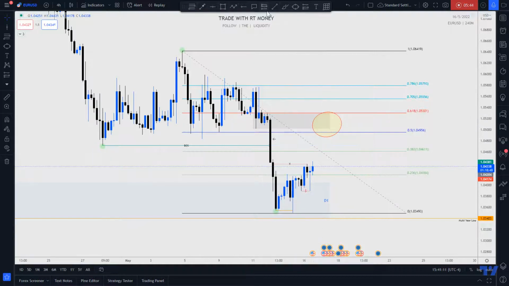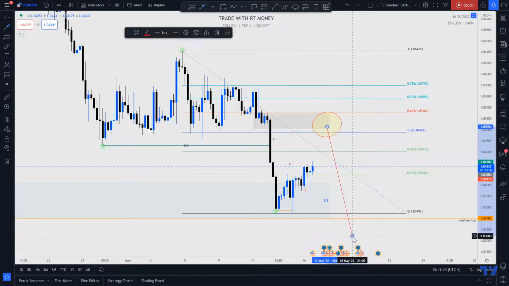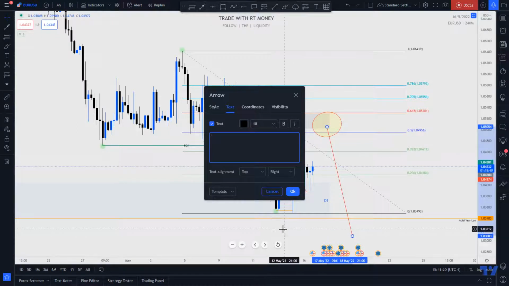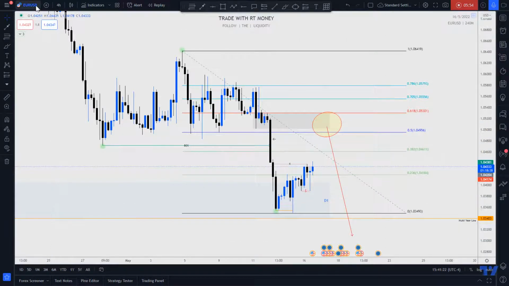I'm looking for that zone to be mitigated, and then we could take a high probability short to the downside. The reason being is because euro is nowhere near as strong as the US dollar. The US dollar is having a momentary pullback, or it's in retracement because it's topped out. The euro is doing the exact opposite.